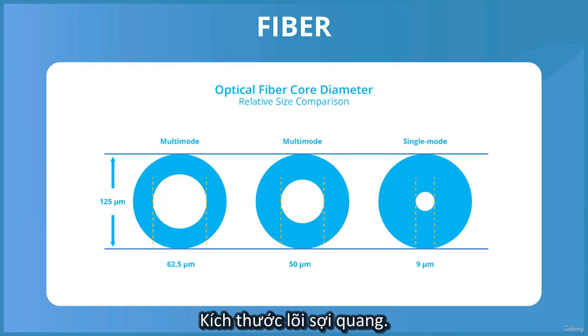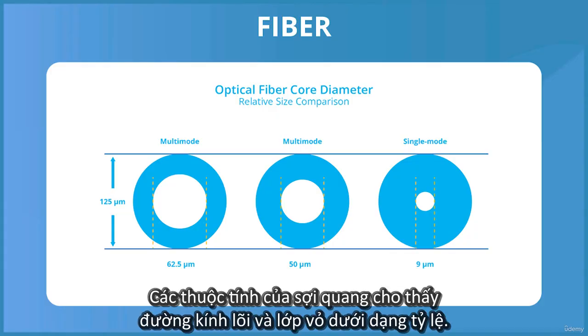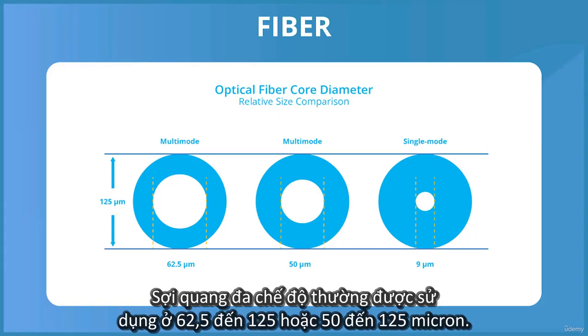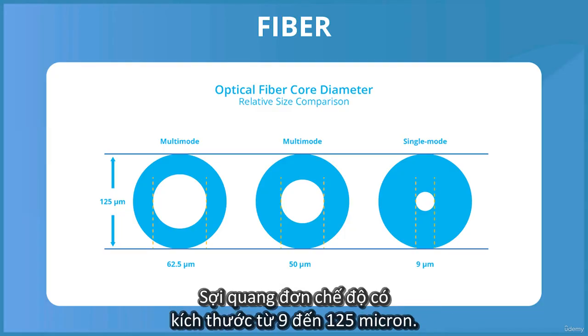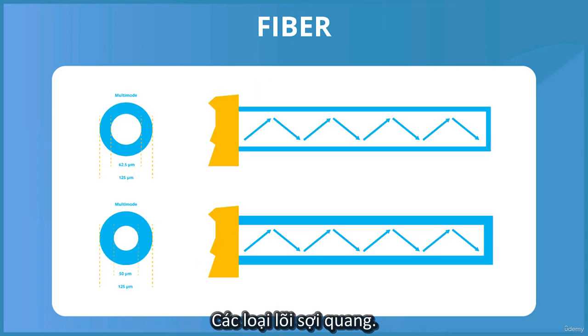Fiber core dimensions. Fiber properties show core and cladding diameters as a ratio. Multimode fiber is usually used at 62.5 to 125 or 50 to 125 microns. Single-mode fiber as 9 to 125 microns. Fiber optic core types.